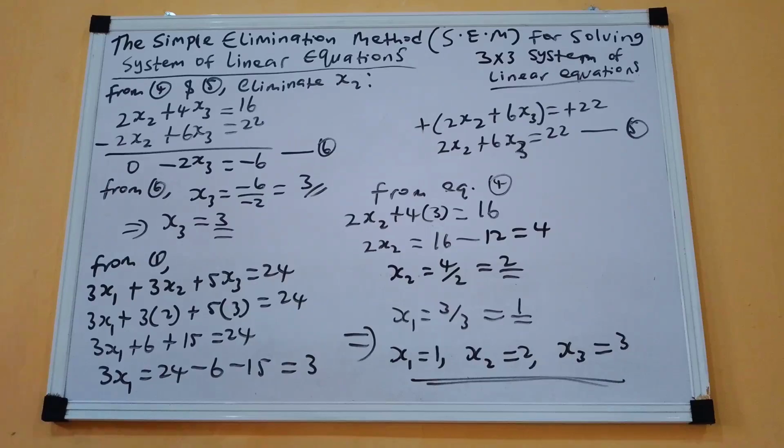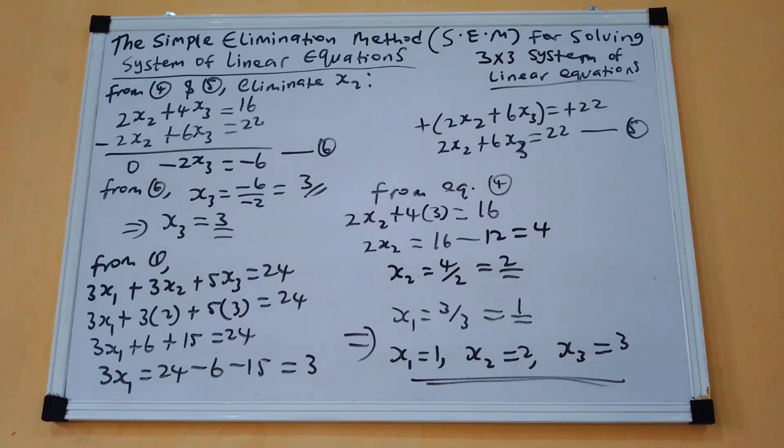But this simple elimination method looks easier, looks simpler, and looks faster. It is faster, it is simpler, and it is very, very easy. It is easier than the Gaussian elimination method. You can see how we have been able to achieve this.